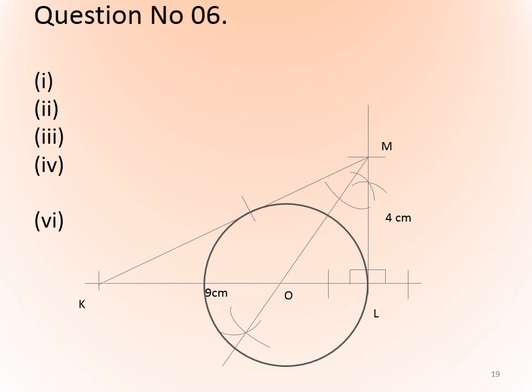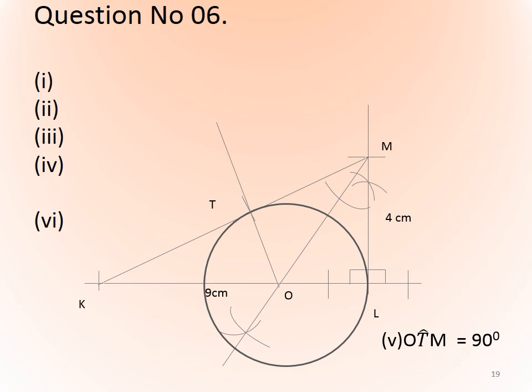Find the magnitude of angle OTM. First connect O and T. Then you can measure the angle using the protractor. I am getting angle OTM equals 90 degrees.